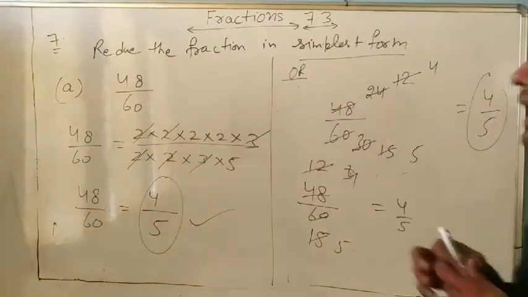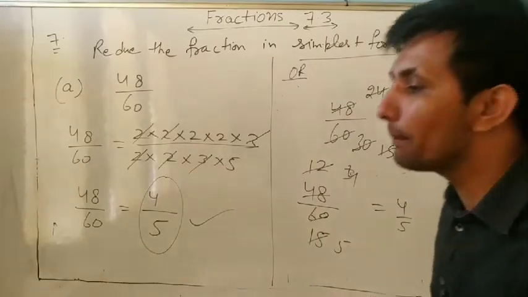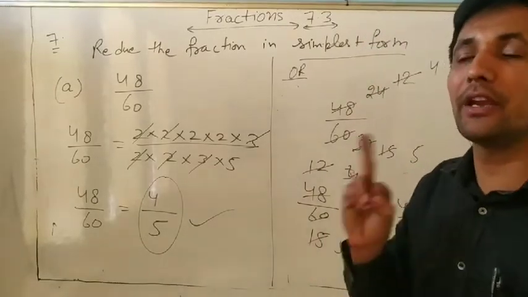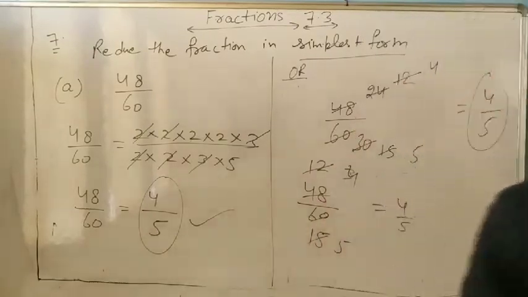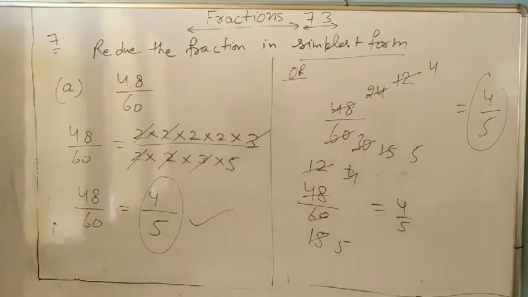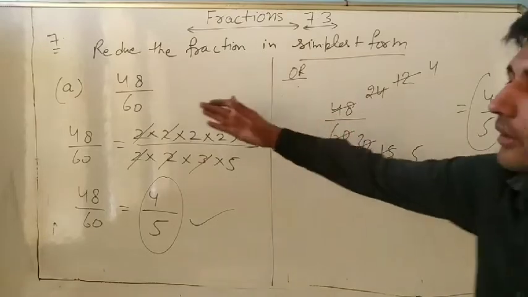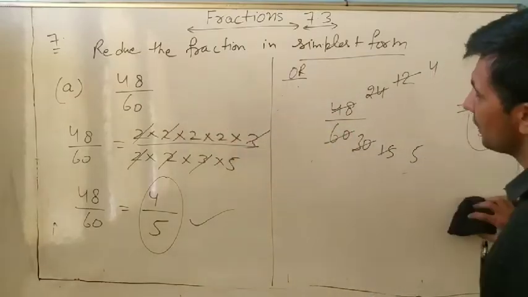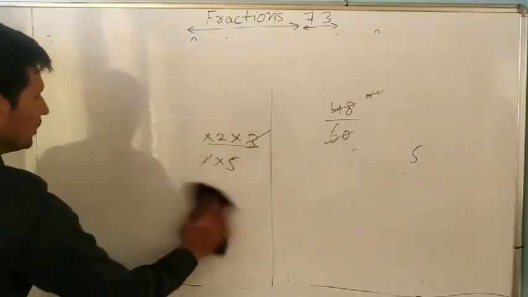But one thing always remember, when you are dividing or multiplying numerator and denominator, we should multiply by the same number. Don't multiply or divide by a different number. Always by the same number. Either you can solve by this method or this method. Both are the same. So the rest of the part of the 7th question you will do yourself.